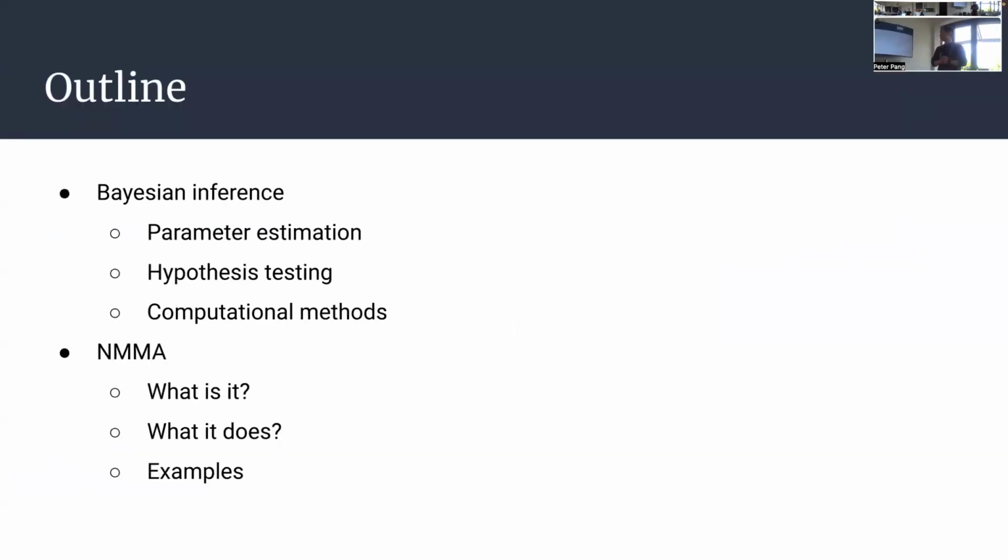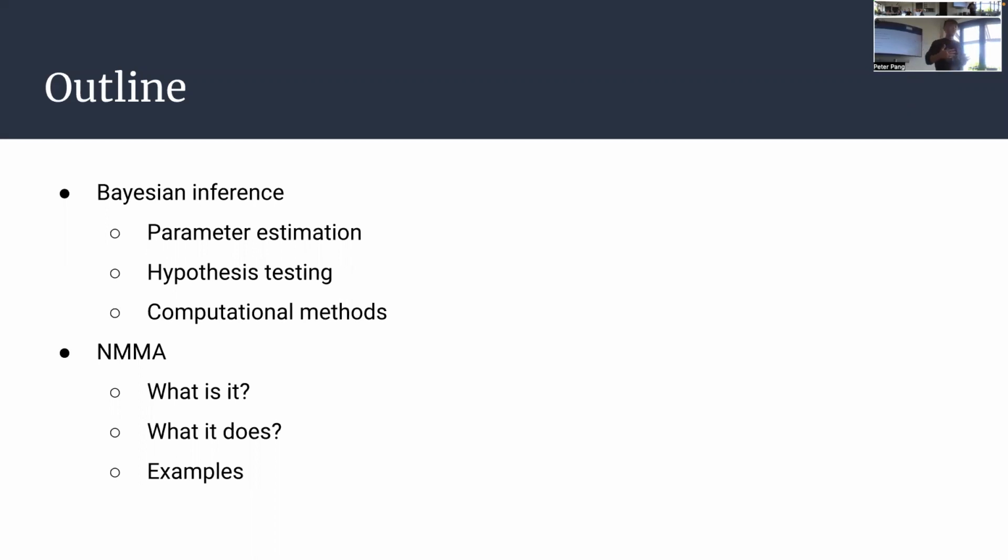Today's talk will be a bit long, so I'll give an outline. First, we will jump into Bayesian inference. In particular, we will talk about the two main branches of Bayesian inference application: parameter estimation and hypothesis testing.